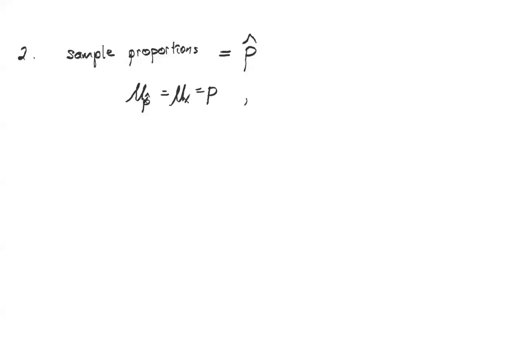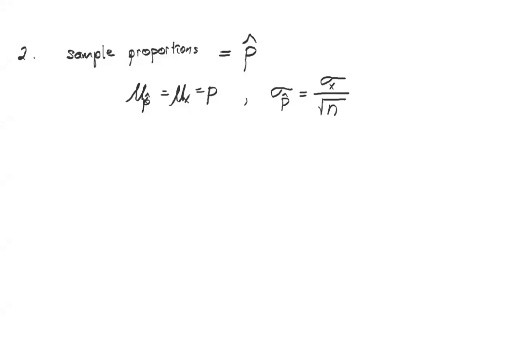And what is the standard deviation of this sample proportion distribution? It will be equal to the population standard deviation divided by the square root of n.